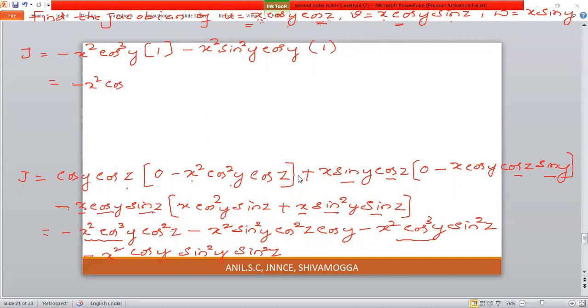Yes, minus x square cos y is common in both the terms. As minus x square cos y comes outside, what we get inside is cos square y and here sin square y. And cos square y plus sin square y is equal to 1. 1 into minus x square cos y is minus x square into cos y. That's the answer.